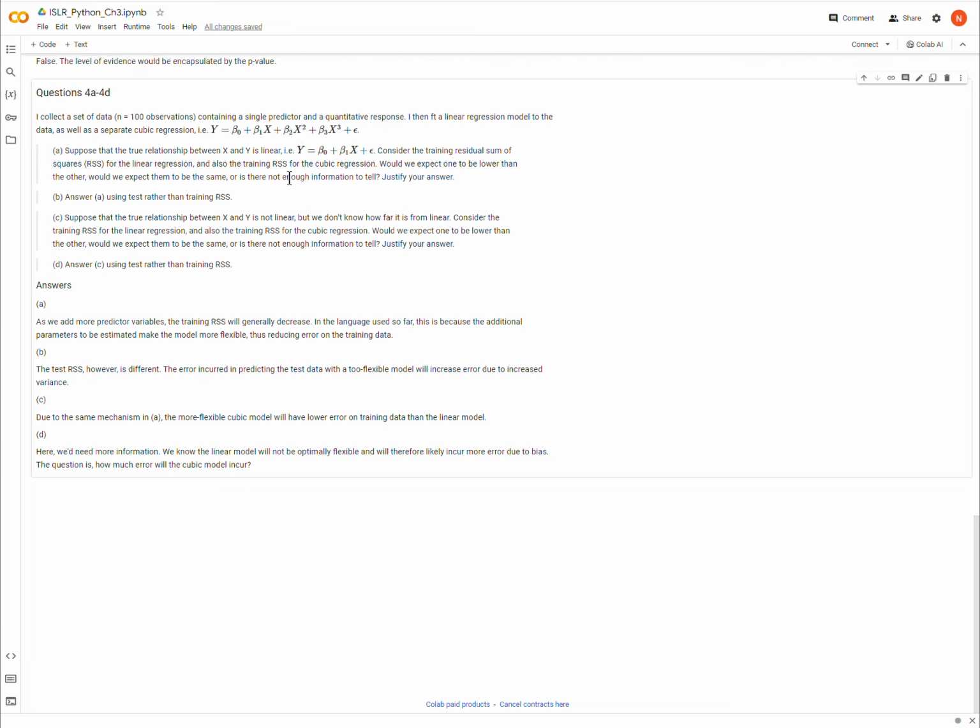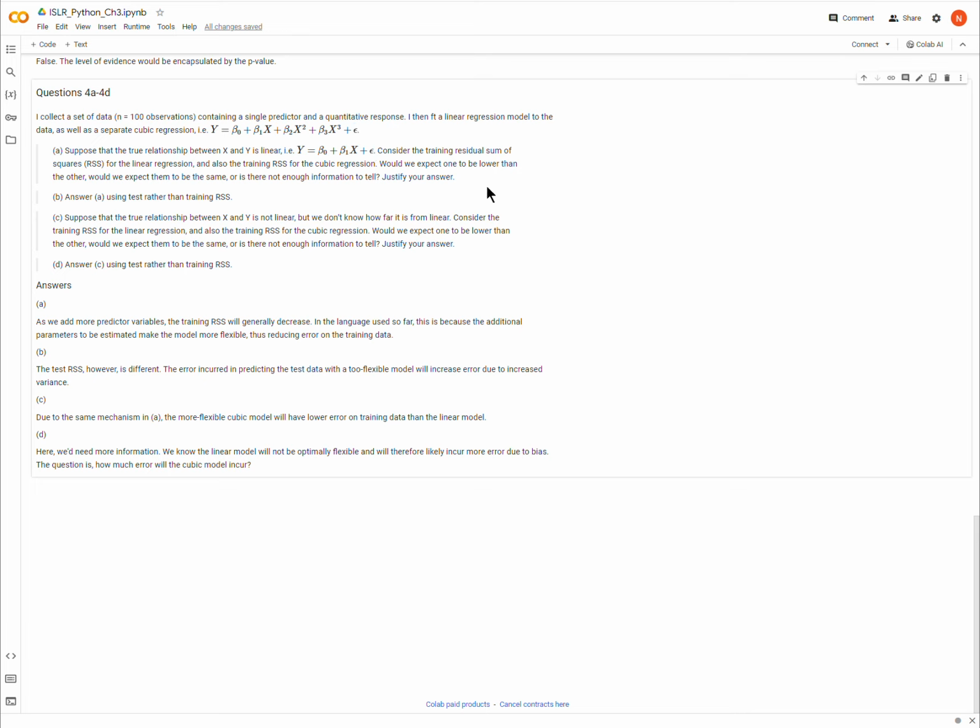Right away this can be a little bit tricky because we're saying that the true relationship is linear. And so we might think that the linear model will fit the training data better. But this probably is not going to be the case because that data, remember, has error, represented with this epsilon term.